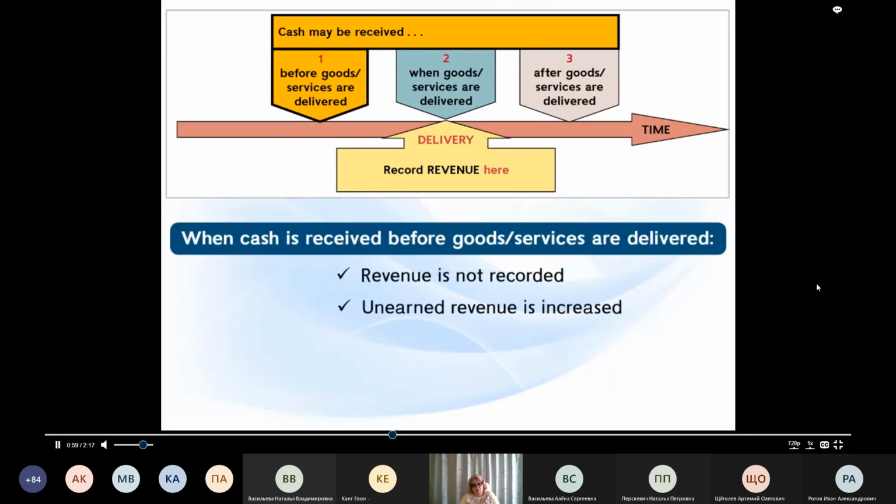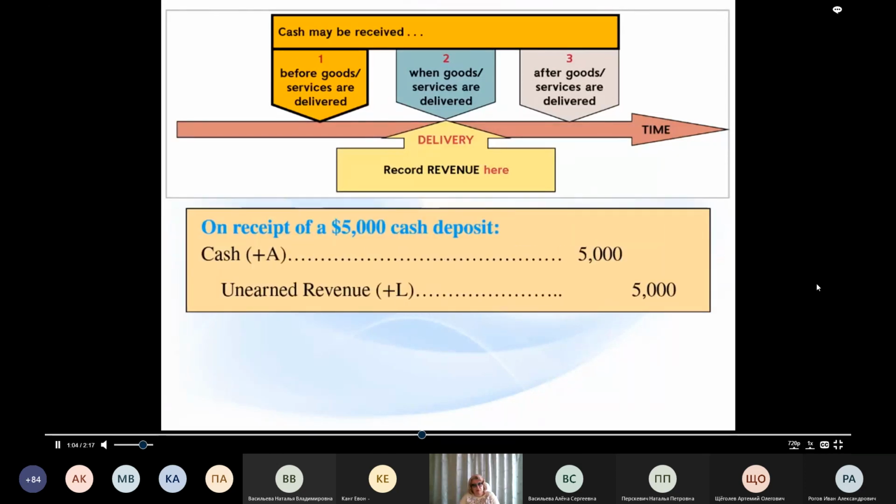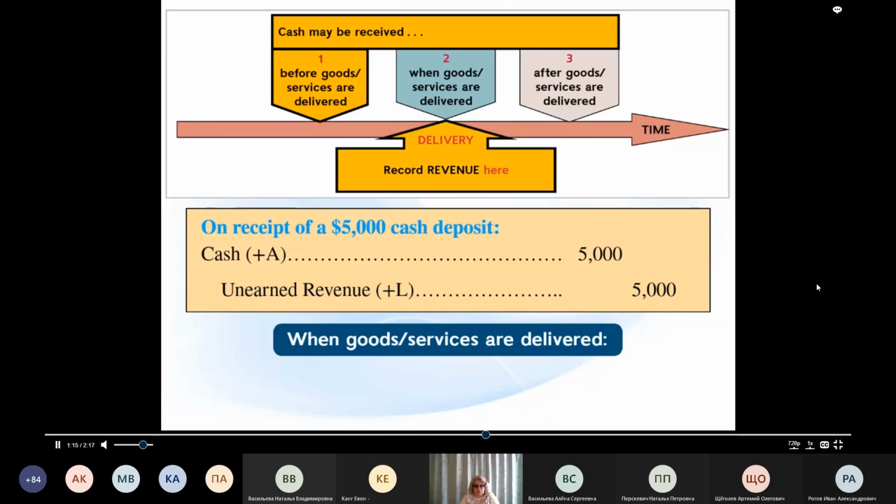Since Deanna's company has not yet delivered any services, it records no revenue. Instead, it creates a liability account, unearned revenue, representing the amount of event planning services owed to the customer. Later, when the services are delivered, the revenue will be recorded and the liability account will be decreased, since the services will no longer be owed.